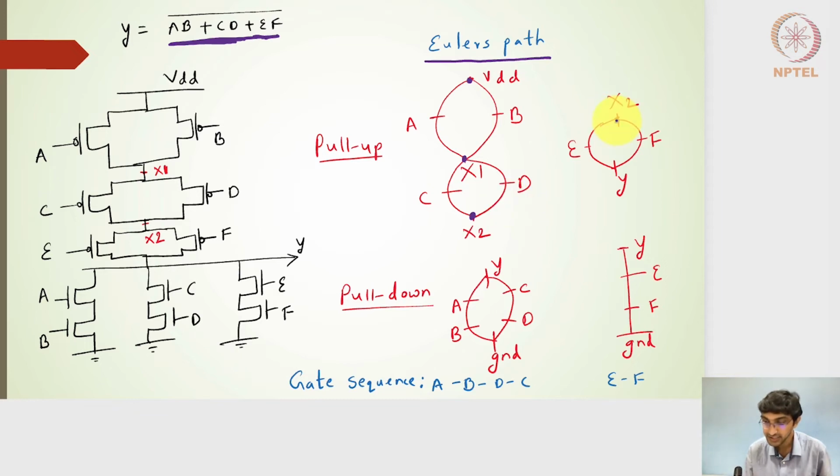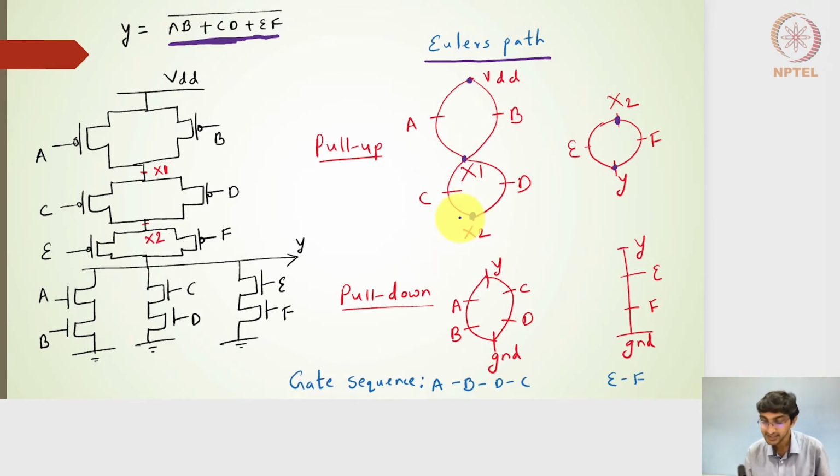So now I have separated out X2 and Y, traversing from X2 to Y and then Y to X2 through the polysilicon gates E and F. I cannot have A, B, and then D, then go to E, F, and cover back C. That will be difficult.